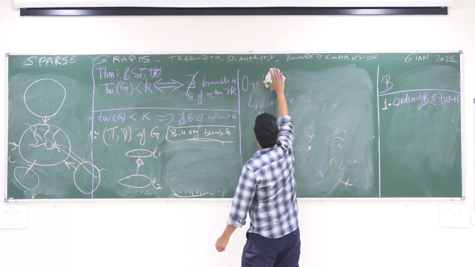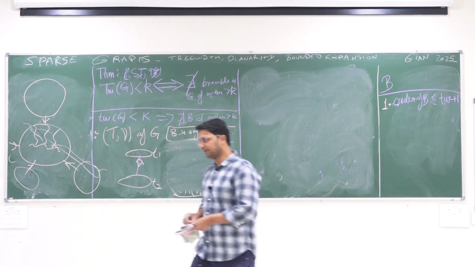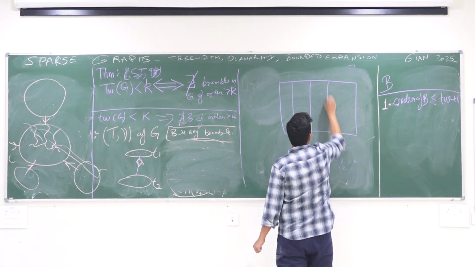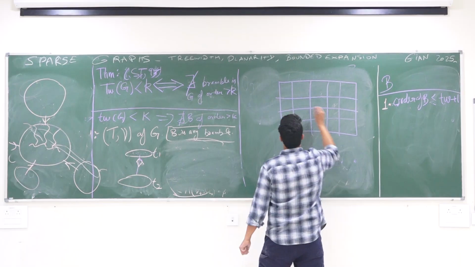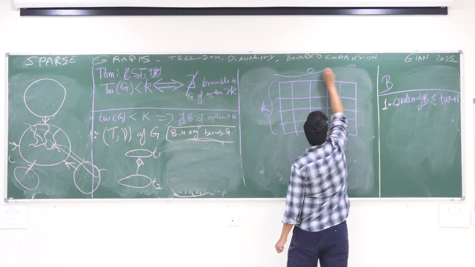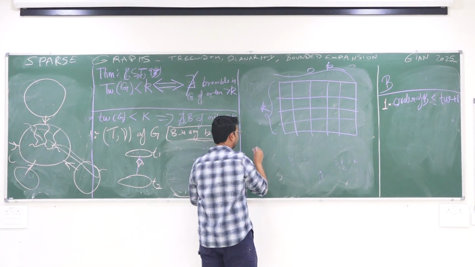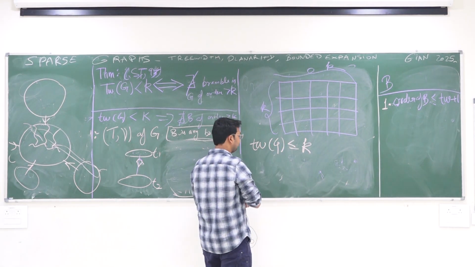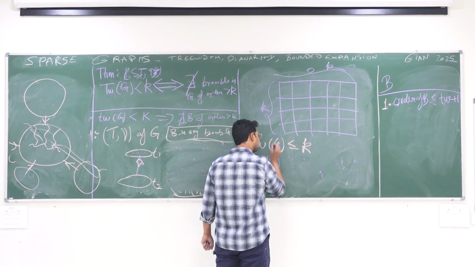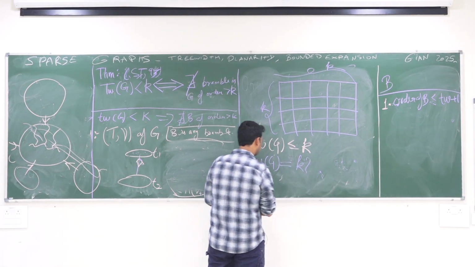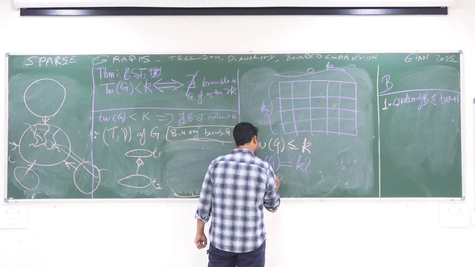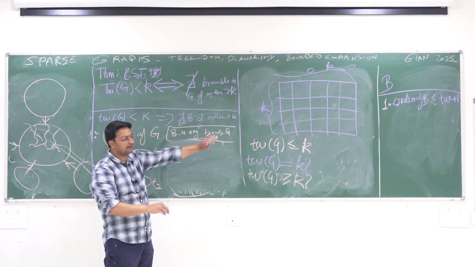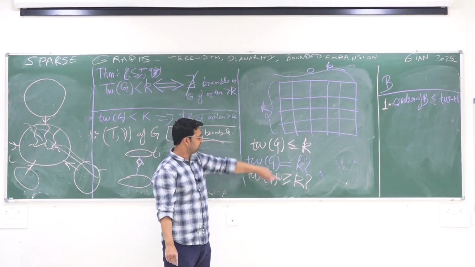Yesterday we proved that, let's say we have a K by K grid, the tree width of my K by K grid is less than or equal to K. Today we want to show that the tree width of this grid graph is equal to K. And for this we need to show that the tree width of G is greater than or equal to K. Can you now try to see why the tree width of this graph should be greater than or equal to K?